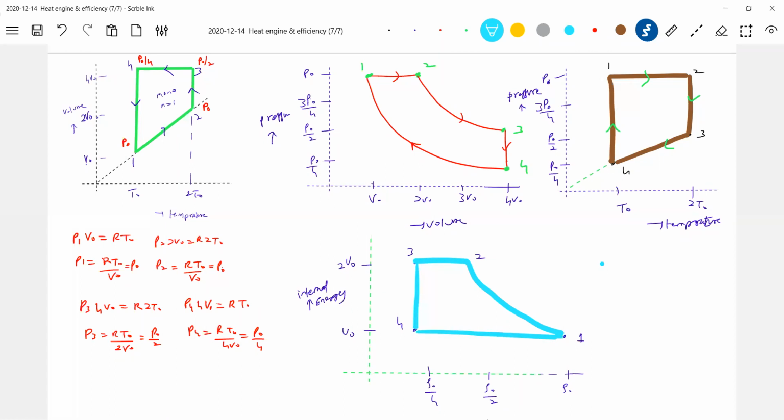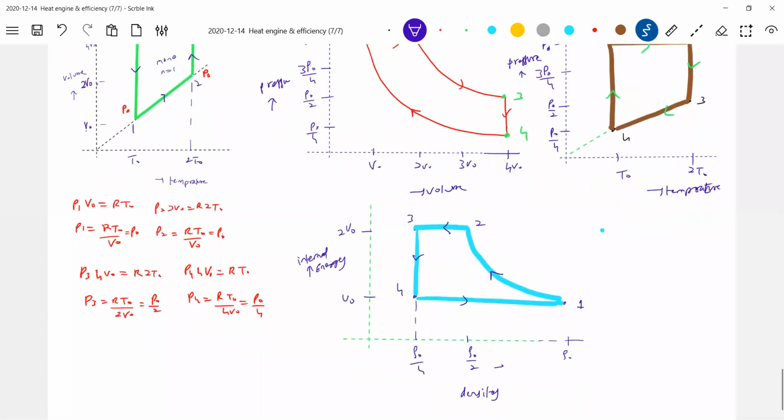You open the book, you do get all these curves. They're one and the same. Rho naught by 2, actually it should come here.